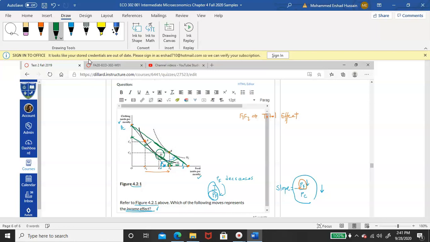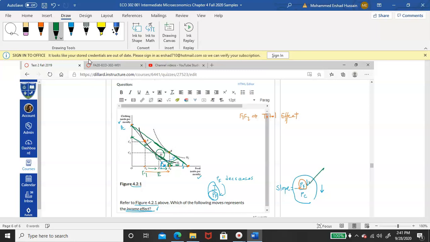So this is showing us the breakup of income and substitution effect. The move from A to D is the increase in consumption of food from F1 to E. That is the substitution effect, right? That is how much more food they consume because the price of food has decreased.